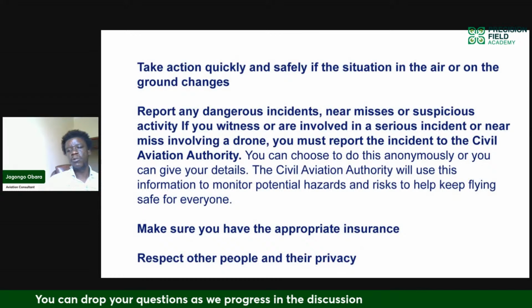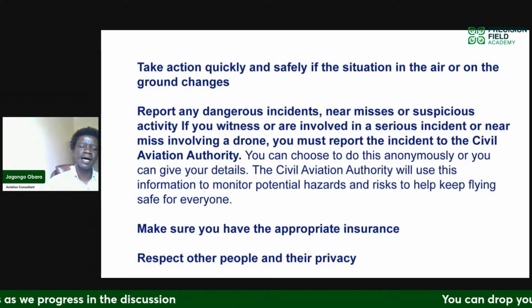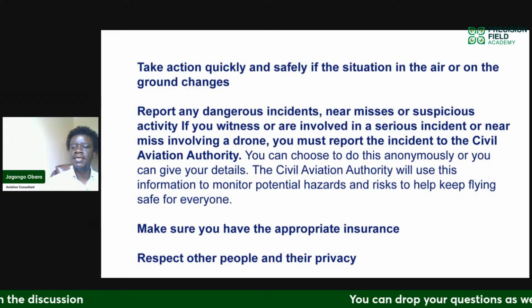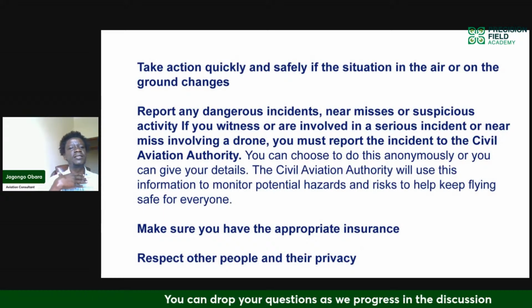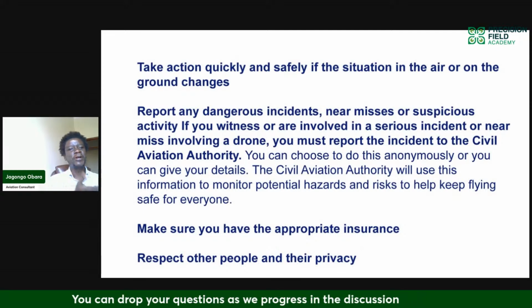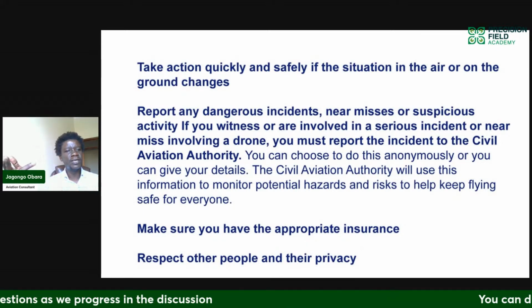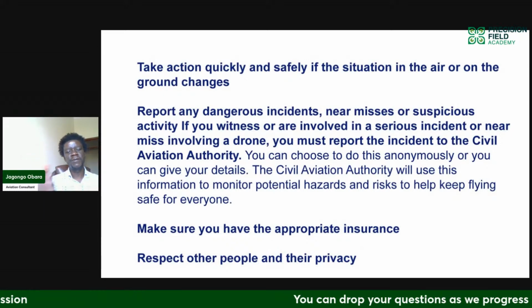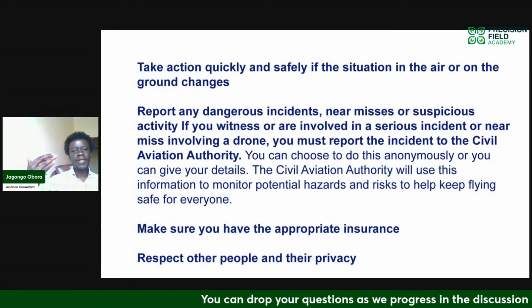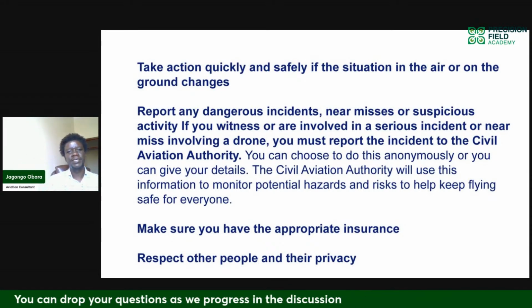So it is not always that when we report incidents and accidents or any issue to the Civil Aviation Authority that we are, as we can call, snitching on ourselves, or that we are snitching on somebody else. This information is usually just being given for safety purposes, so that the airspace can be safe, pilots can be safe, aircrafts can be safe.